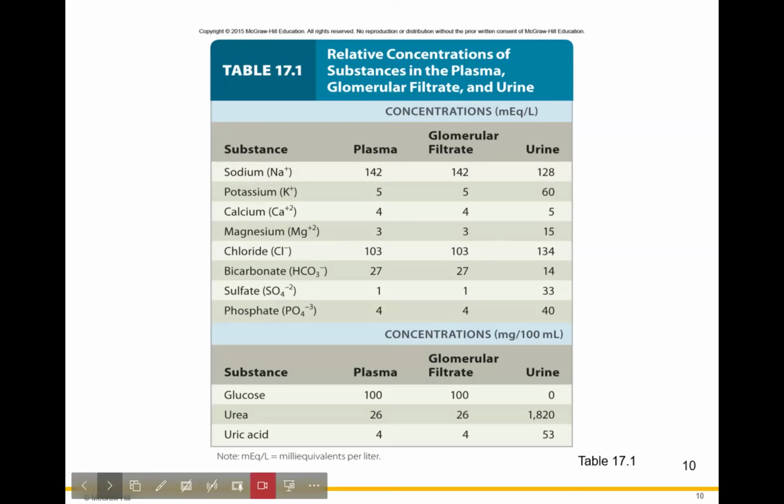Obviously, you reabsorbed some of the sodium. If you look at potassium, your filtrate level is 5, your urine level is 60. So obviously you secreted some potassium. It gives you an idea which molecules are going which way.